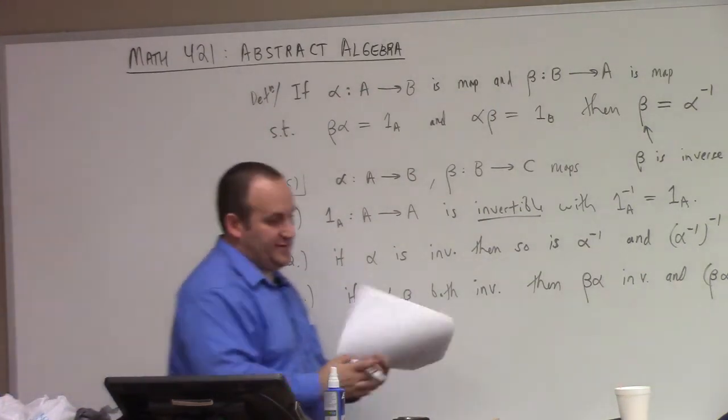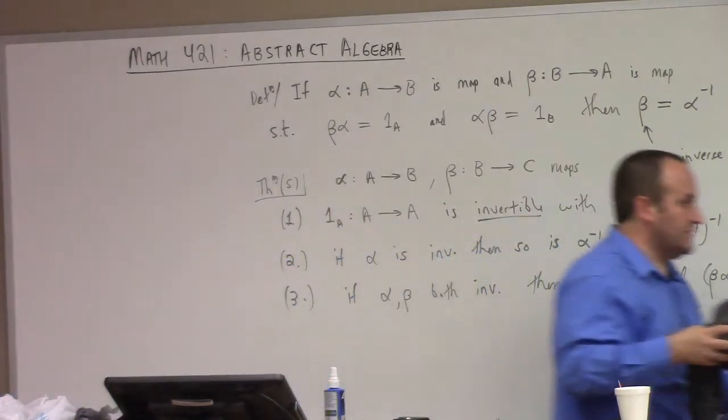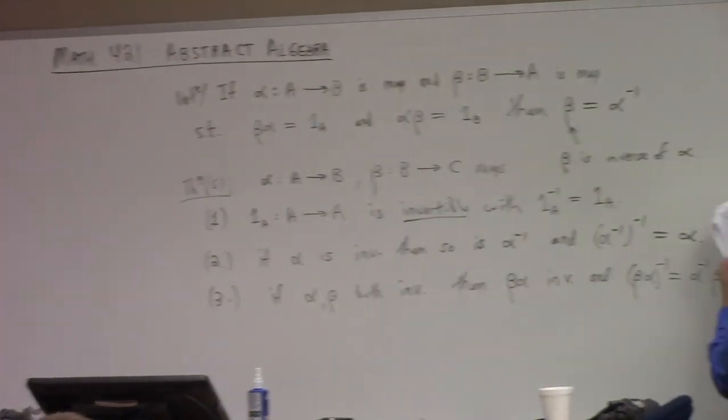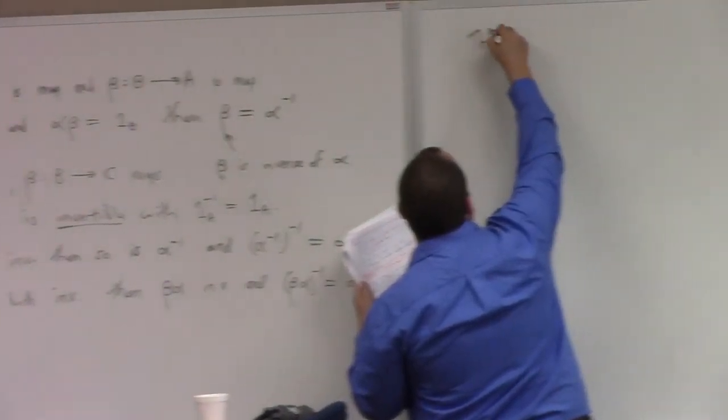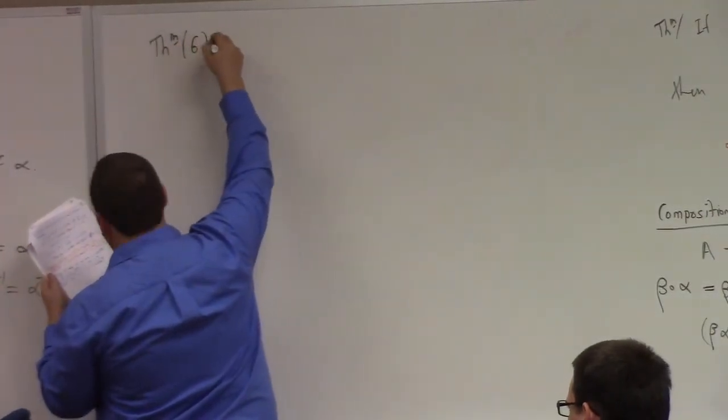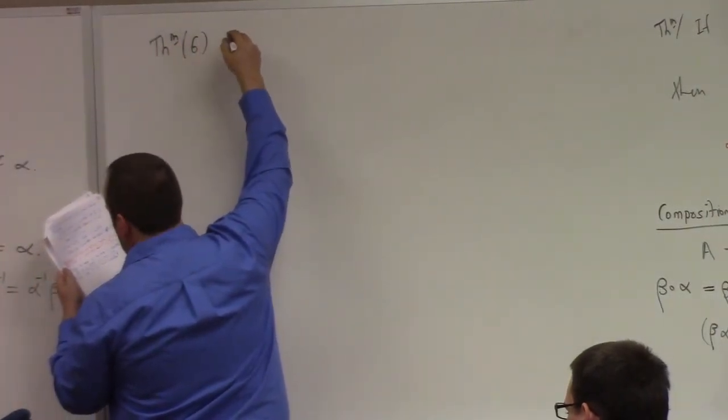And now the theorem I was advertising a second ago, when I was talking about what is needed for a function. The obvious question to ask here is, when is a function invertible? When is a map invertible? And this theorem is a nice completing thought on that question, a nice summary.